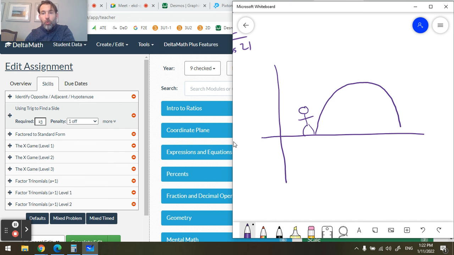Now we want to know where her footsteps will be. This point of the parabola and that point of the parabola can be found by factoring. Those are called the roots of the quadratic equation. Those are called the zeros of the quadratic equation, the places where the value of the quadratic is equal to 0. And you do that a lot. You want to find where it touches the x-axis.